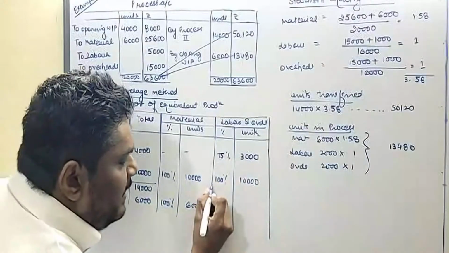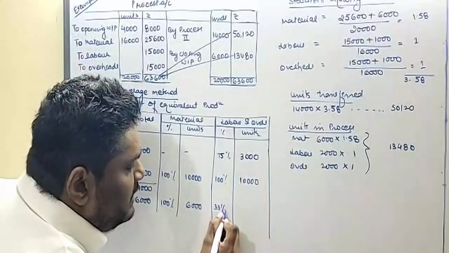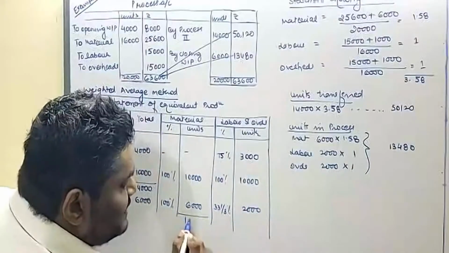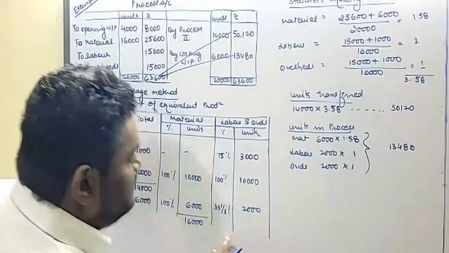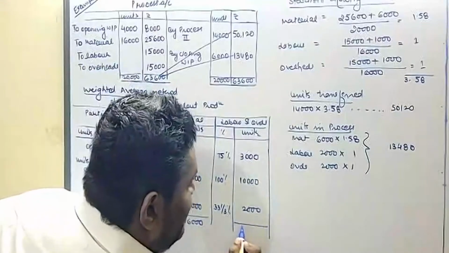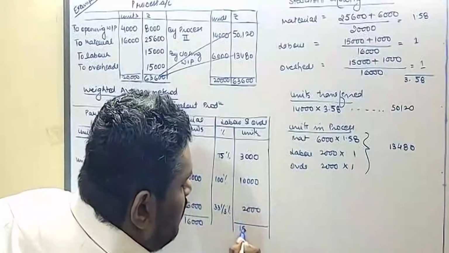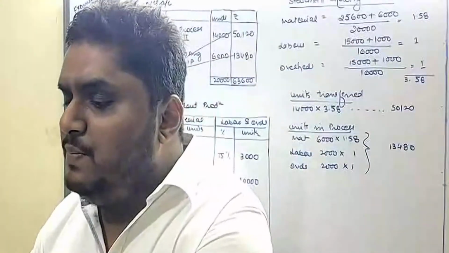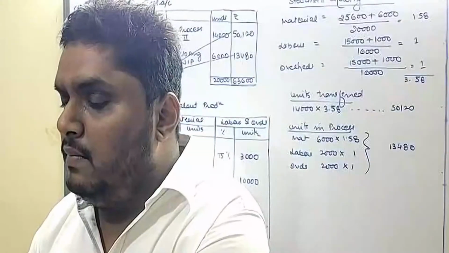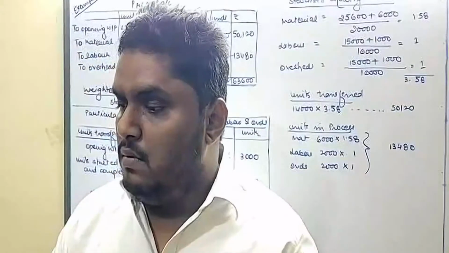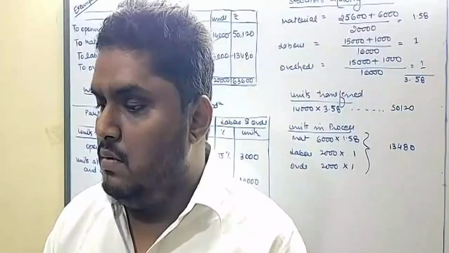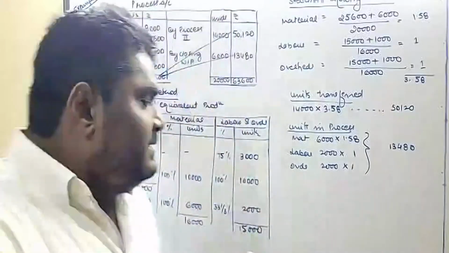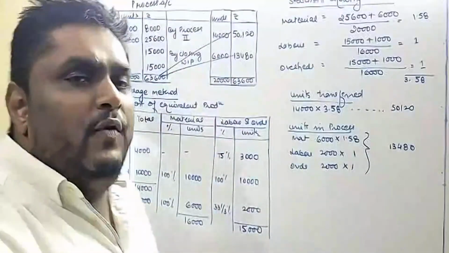And in respect of labor and overhead, they were processed up to 33.33% in this month. So that was 2,000. This is the statement of equivalent production as per FIFO method.